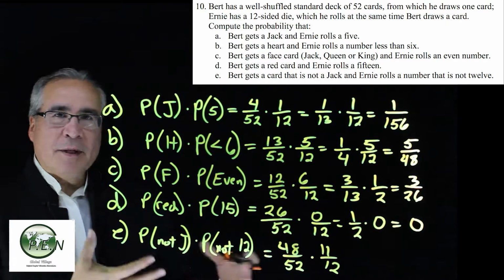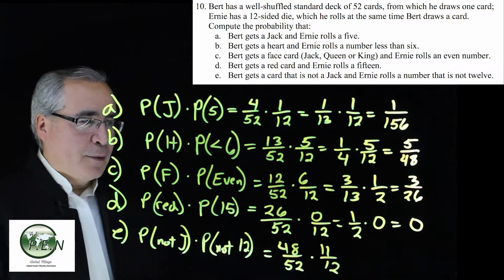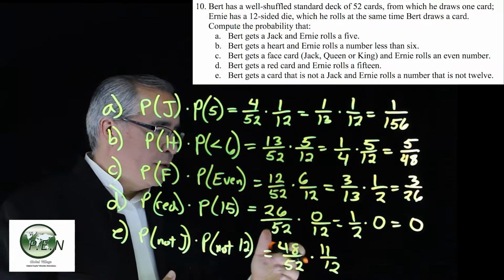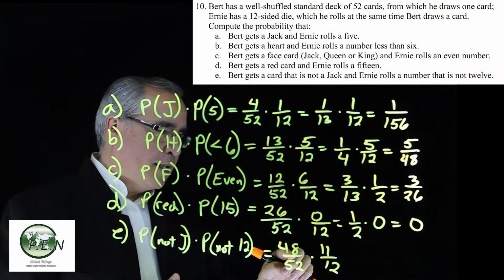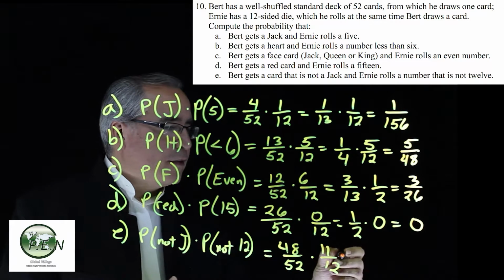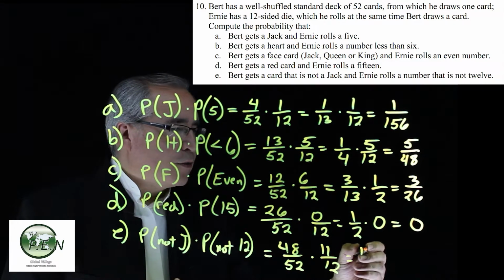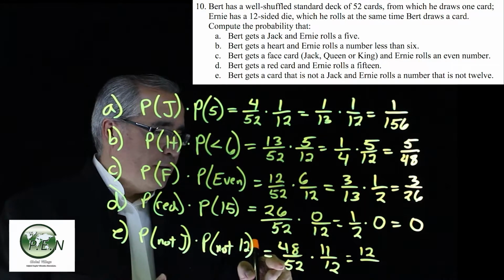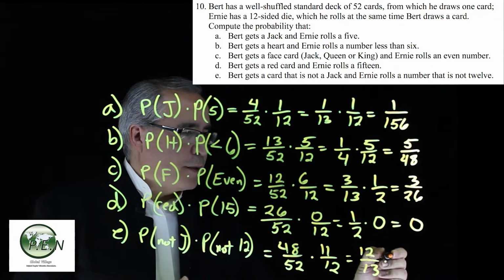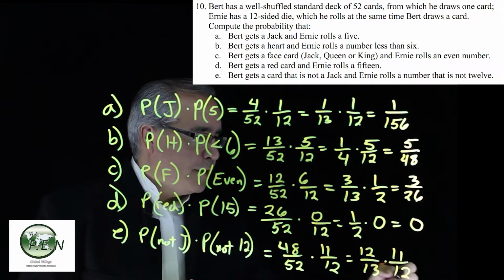That's maybe a little more straightforward way of thinking. Now, at least the 48 out of 52 can reduce. 4 goes into both of these. So 48 divided by 4 is 12. 52 divided by 4 is 13. And then we're going to multiply by 11 over 12.